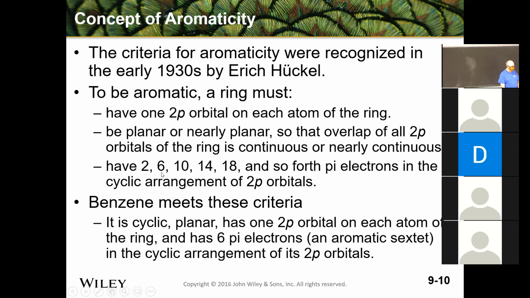They can be 2, 6, 10, 14, 18, and so forth. The general formula is 2n plus 2, where n is 0 or a positive integer. Benzene has 6 pi electrons. Benzene meets these criteria. It is cyclic, planar, and has one 2p orbital on each atom of the ring. It has 6 pi electrons in the cyclic arrangement of its 2p orbitals.